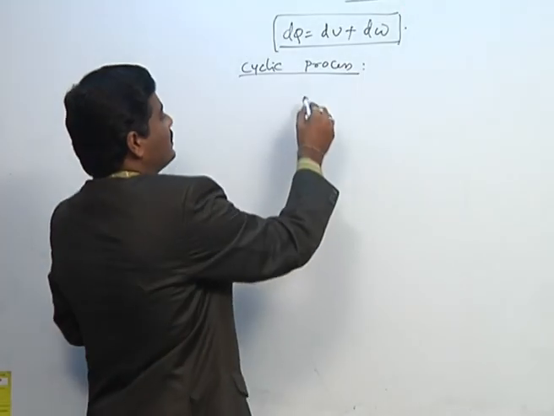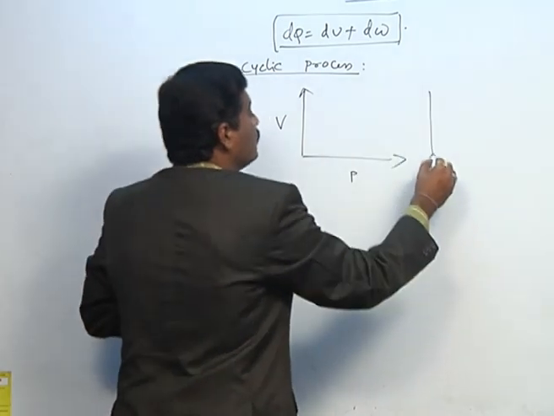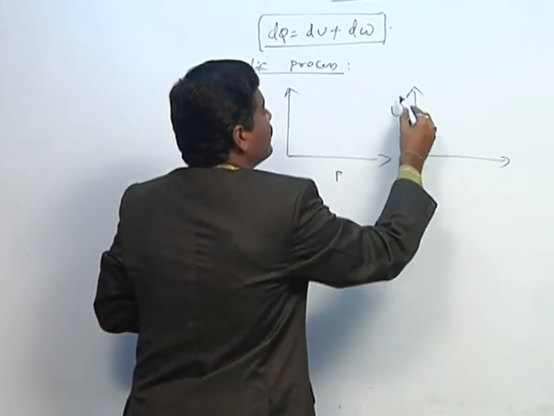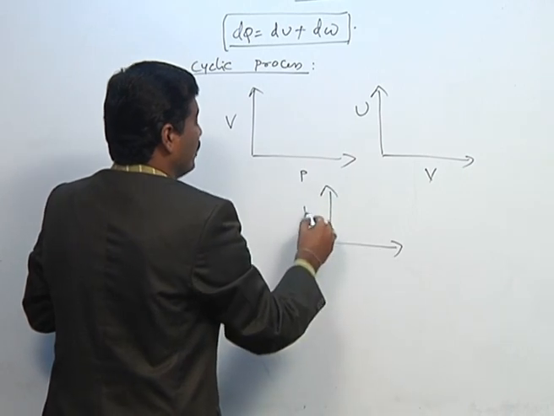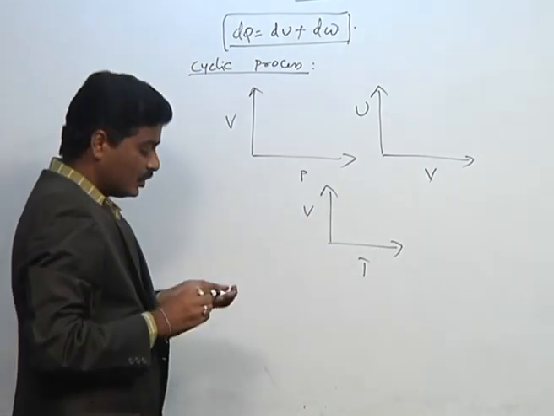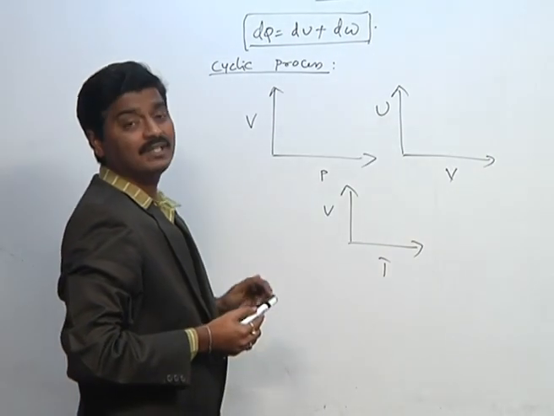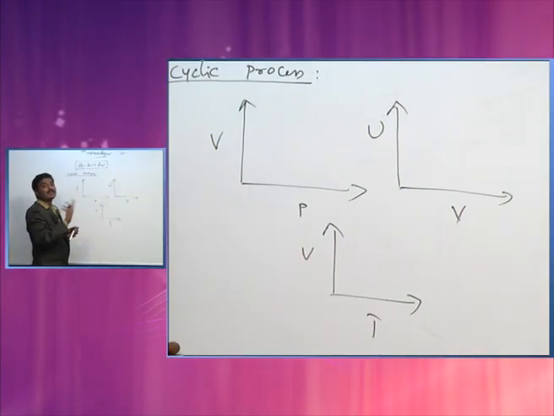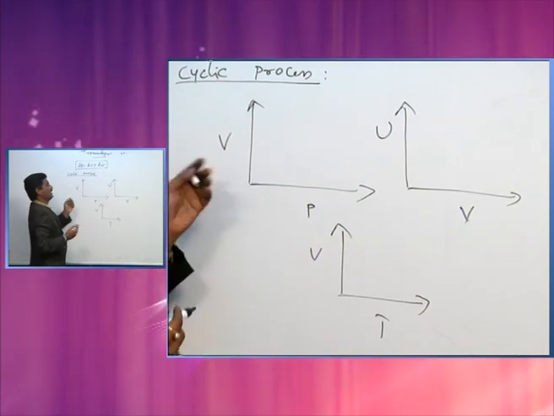You take any parameters like pressure and volume, or internal energy and volume, or volume and T. You represent the gas process by taking any two of the parameters, and the total process can be explained graphically. That diagram is what we call an indicator diagram.